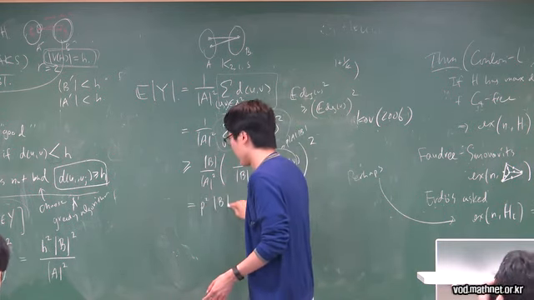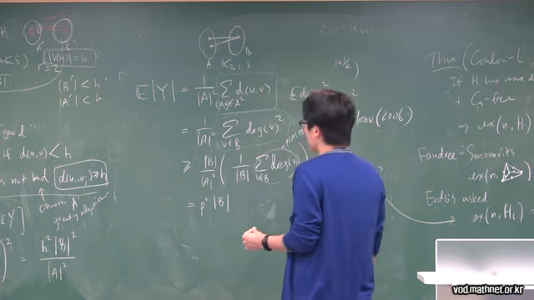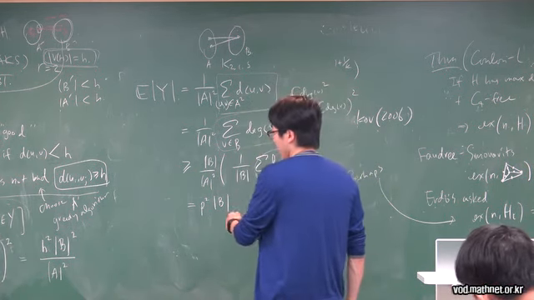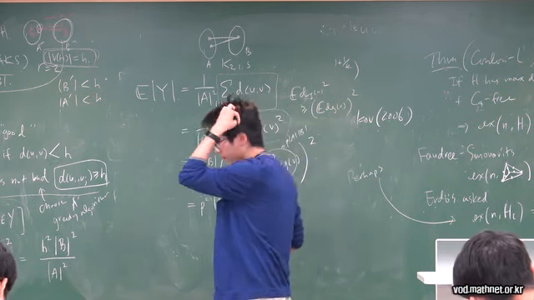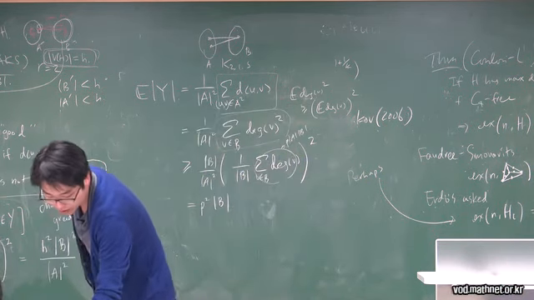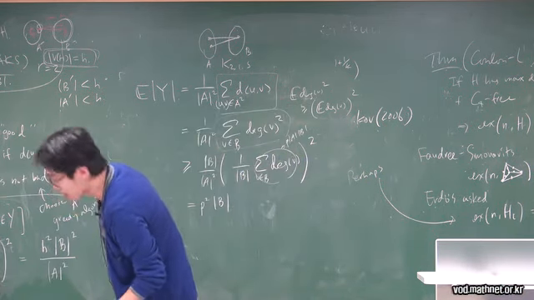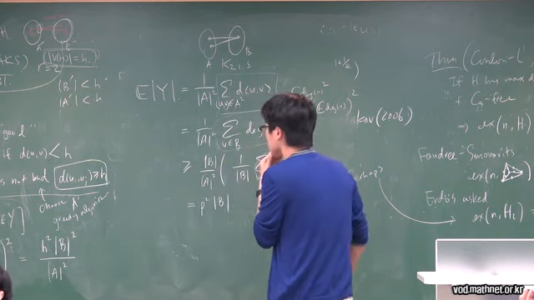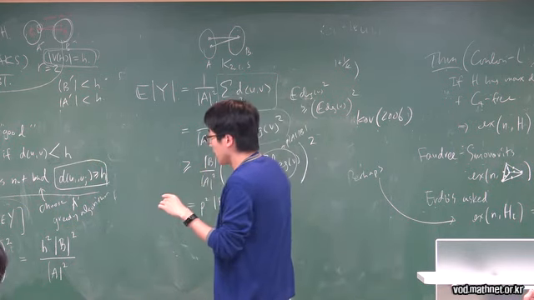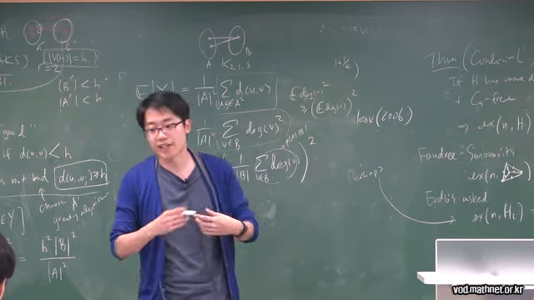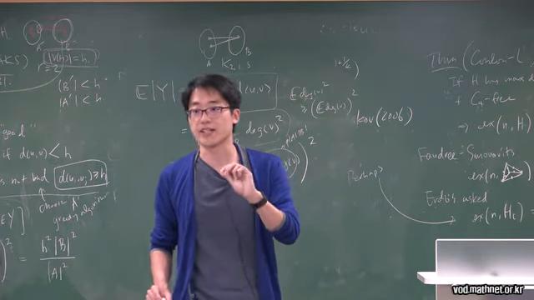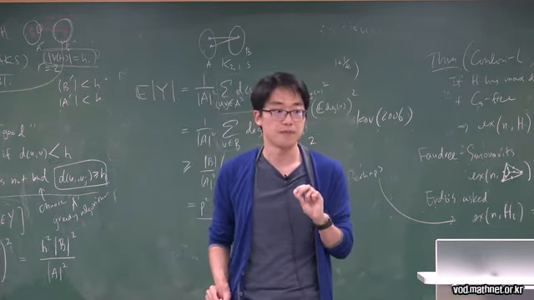And what I'm going to do is compare this number with that. So what I'm going to do is, as long as this is larger than the number of bad pairs, I'm going to just kill all the bad pairs by deleting one vertex from each bad pair.